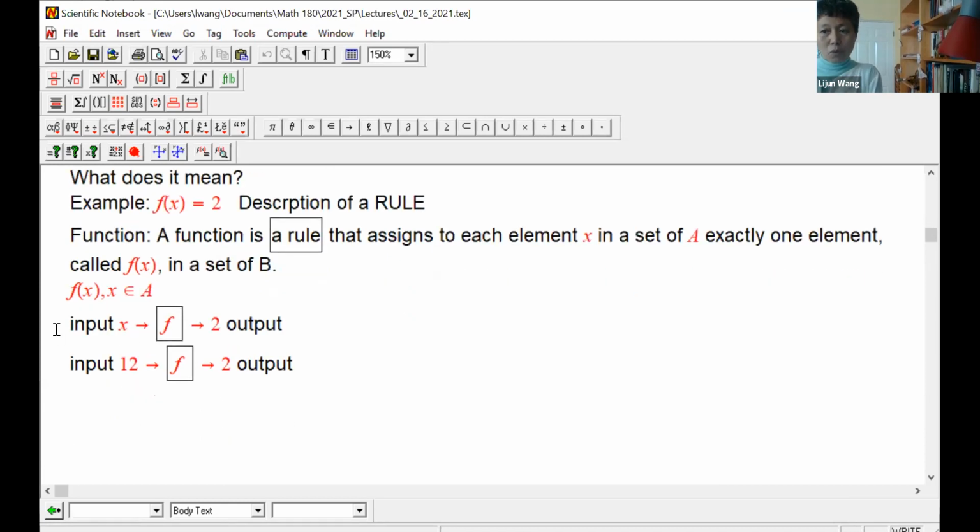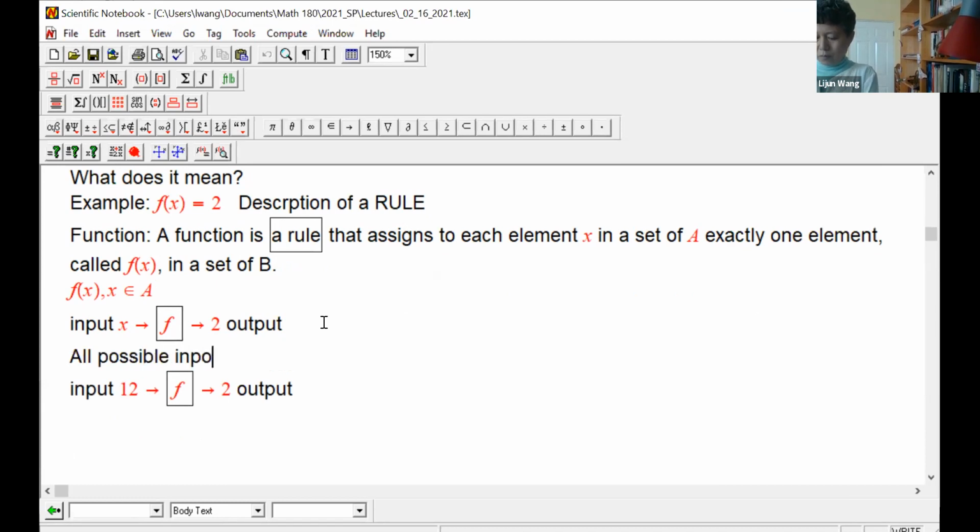So under this rule, all possible input make the domain. Okay, so you look at the rule and then you ask the question, and this question is natural, right?